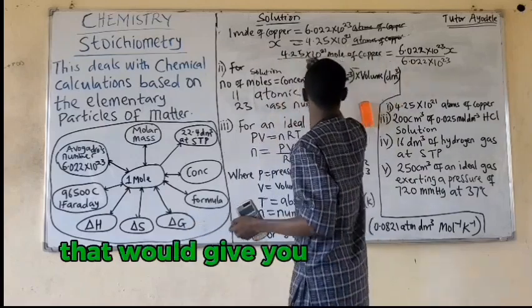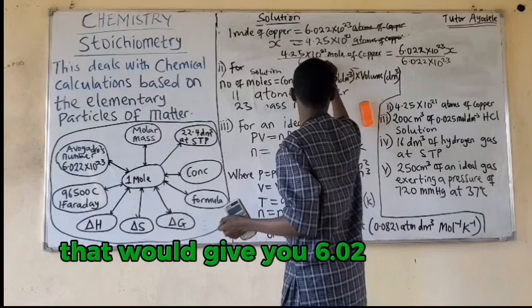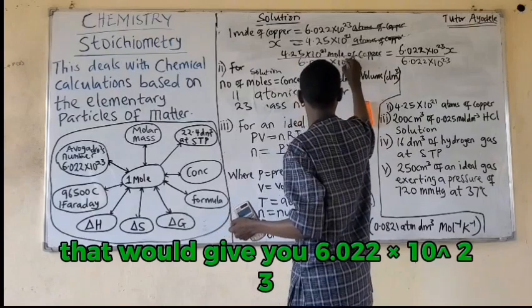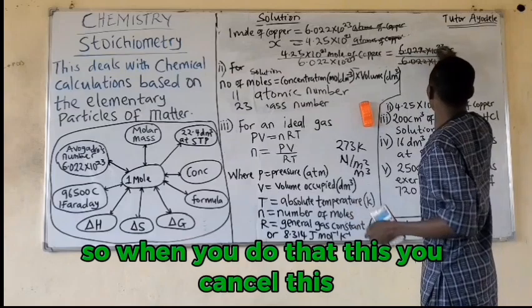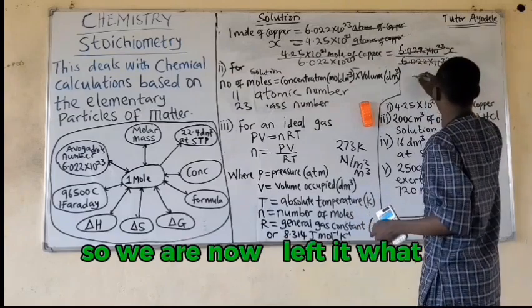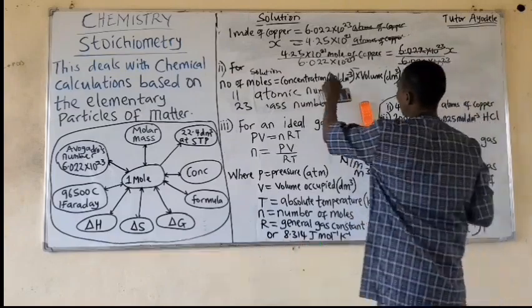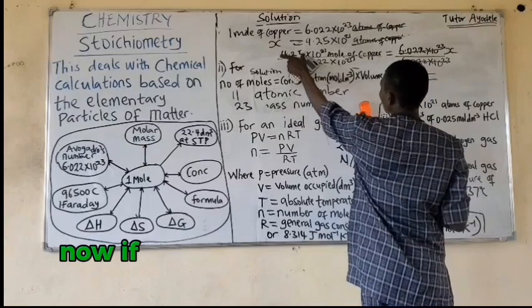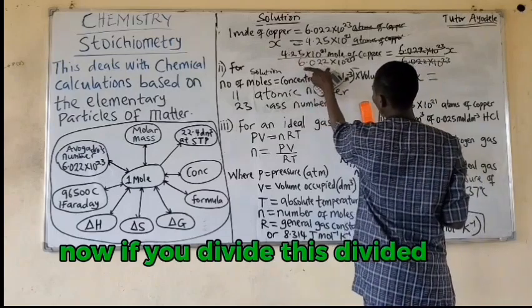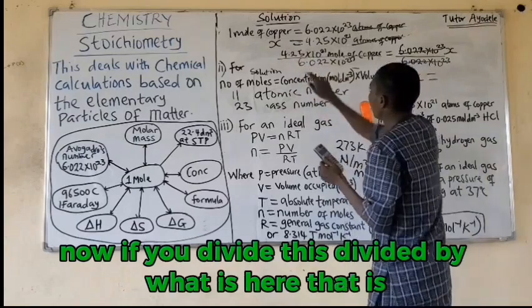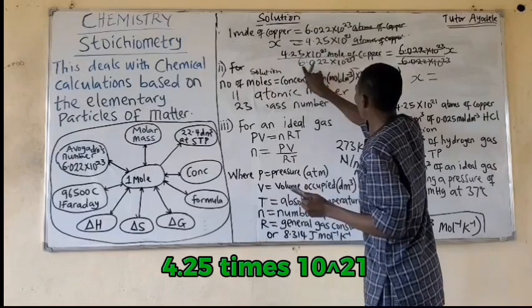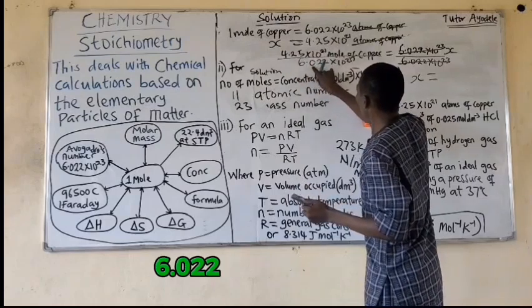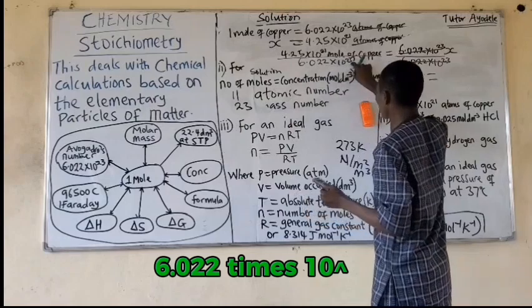That one will give you 6.022 times 10 raised to the power of 23. So when you do that, this will cancel this. So we are now left with what? X equals to. Now, if you divide this by what is there, that is 4.25 times 10 raised to the power of 21 divided by 6.022 times 10 raised to the power of 23.